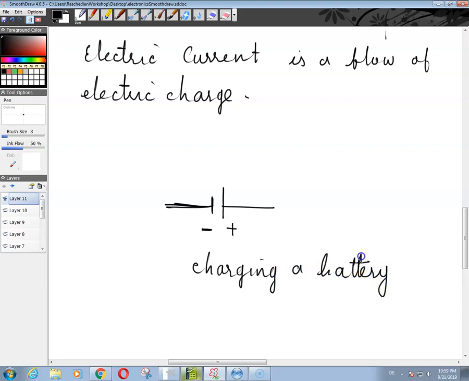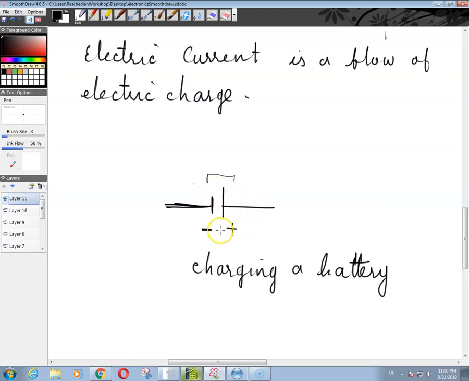If your battery is rechargeable, you connect your battery to some source of electricity, and then your battery becomes charged, meaning that, for example, this pole of the battery becomes more positive, this pole becomes more negative, and then there is this potential difference between these two poles.